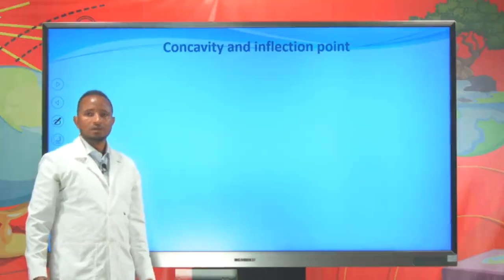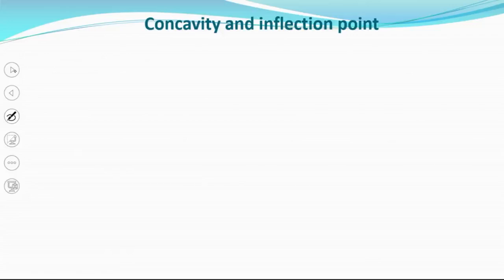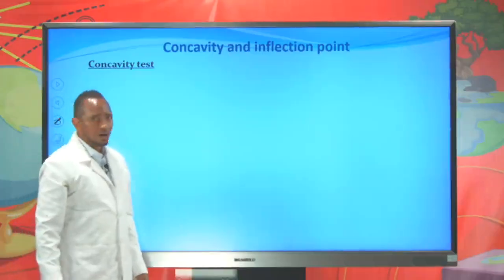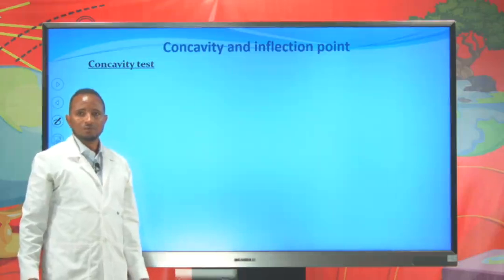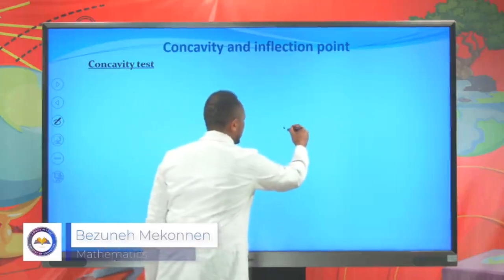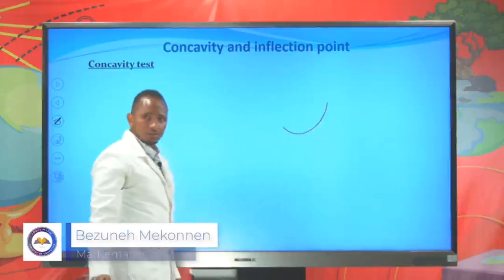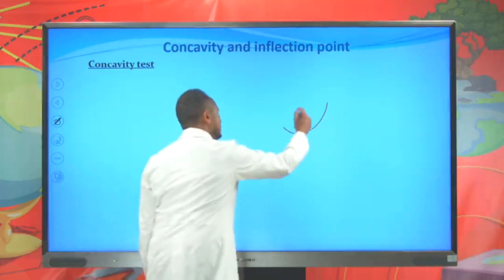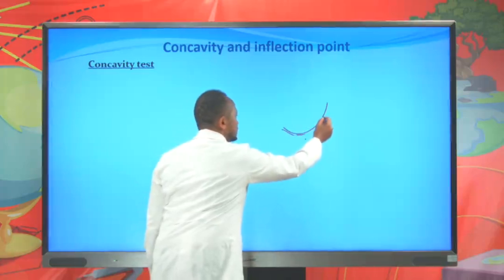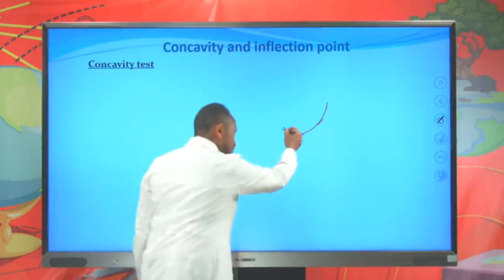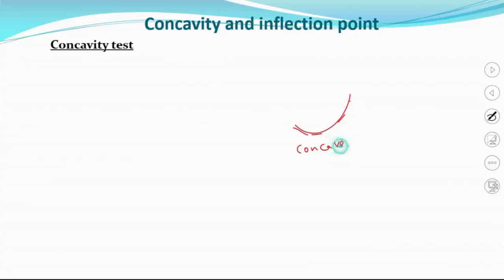Okay, the next part is concavity and inflection points. Before the concavity test, let's define what concavity and inflection point mean. If we have such a type of curve and draw any tangent line to it, the curve will be above the tangent line, and therefore we call this concave up.